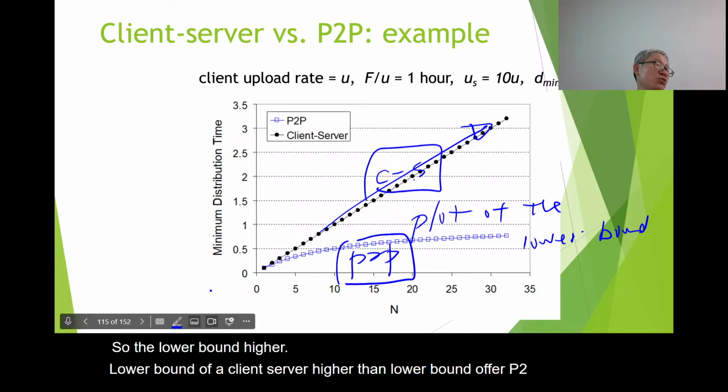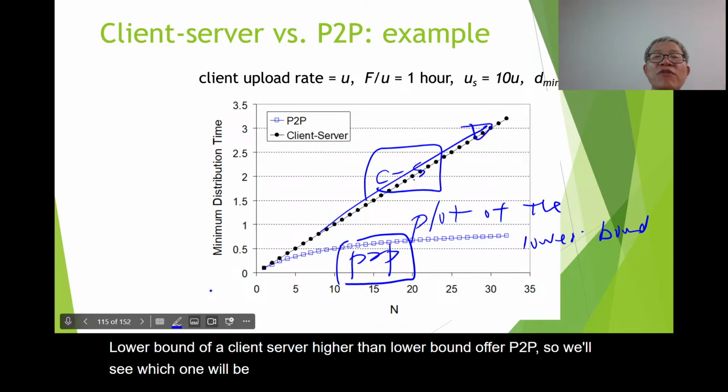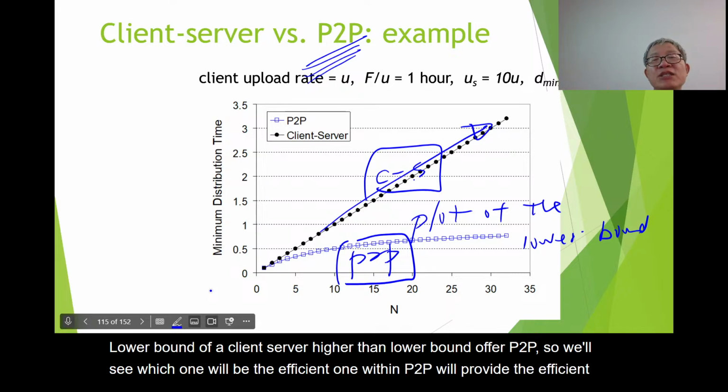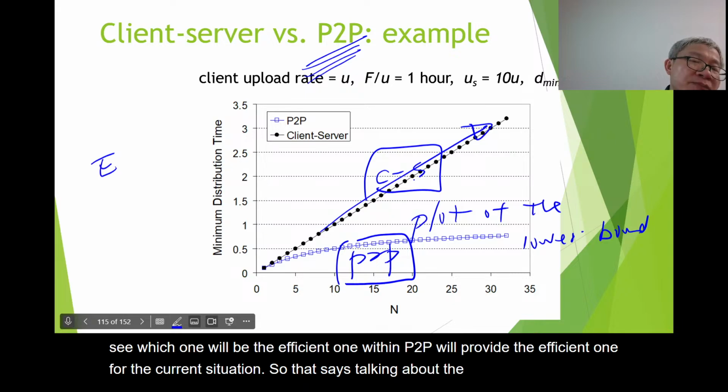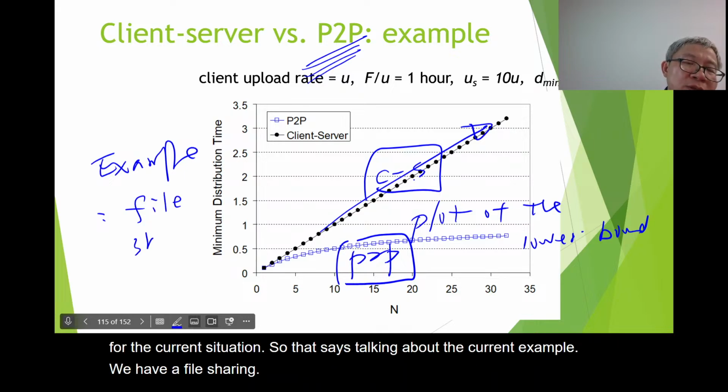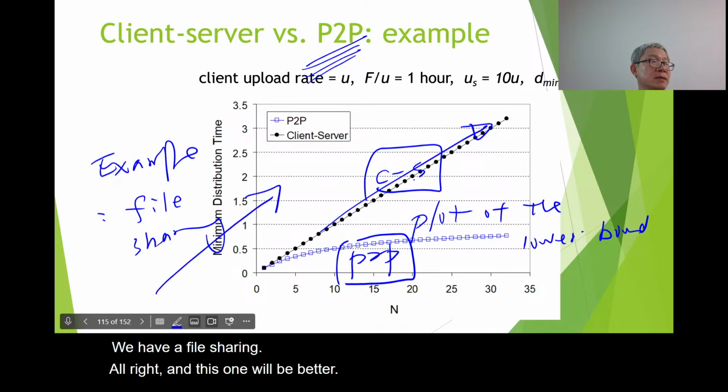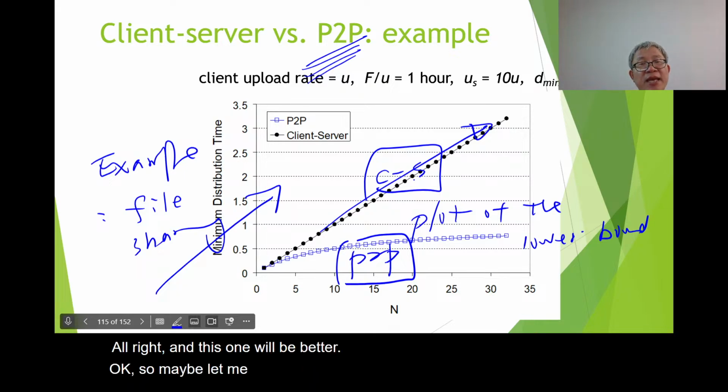So which one will be the more efficient? We think P2P will be the more efficient one for the current situation, such as file sharing, and this one will be better. Okay, let me stop here and later I will continue.